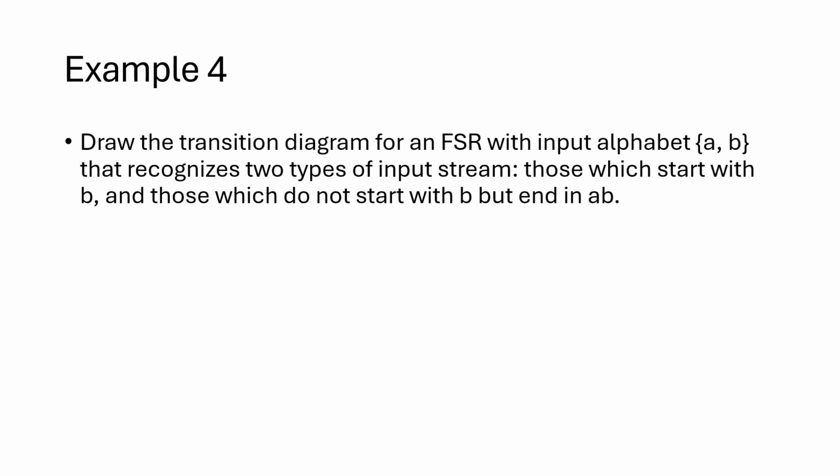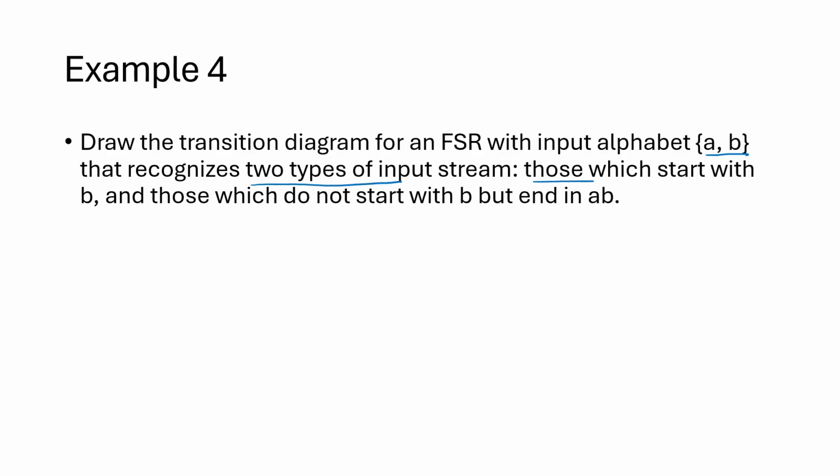And finally, our last example. This time our alphabet is AB, and this example is here because sometimes we want to design a machine that covers 2 patterns. So over the alphabet AB, we want to design a machine that accepts 2 types of inputs.